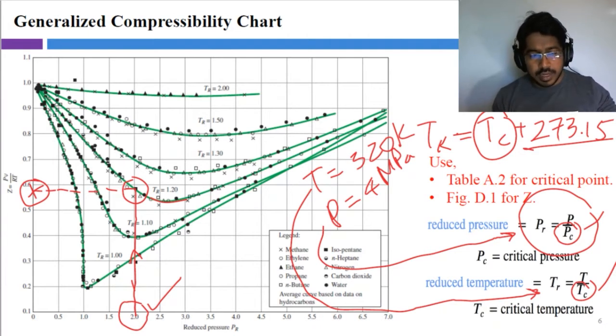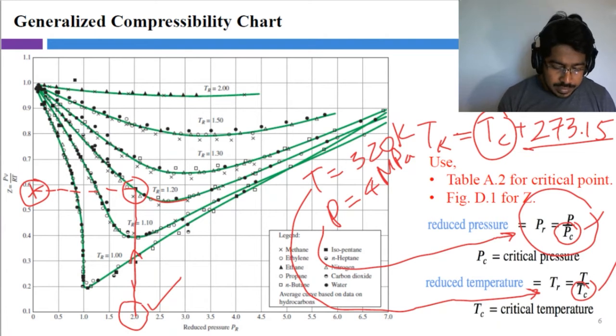In addition to the process of determining the compressibility factor, it's very important to note that multiple gases are shown in this graph. It's not only one substance. This graph was developed considering methane, ethylene, ethane, propane, and more.